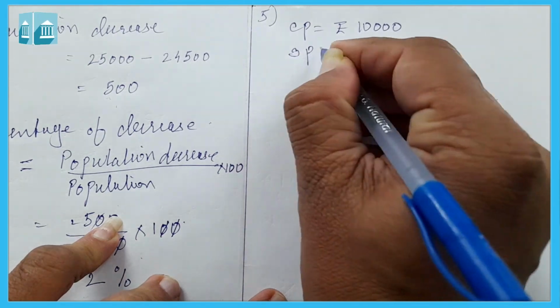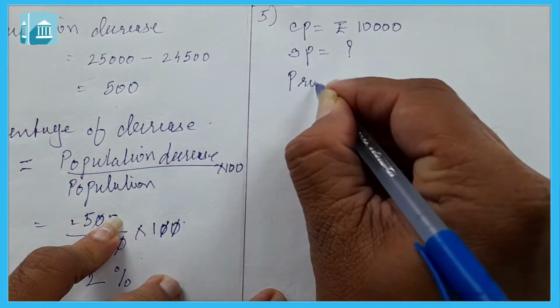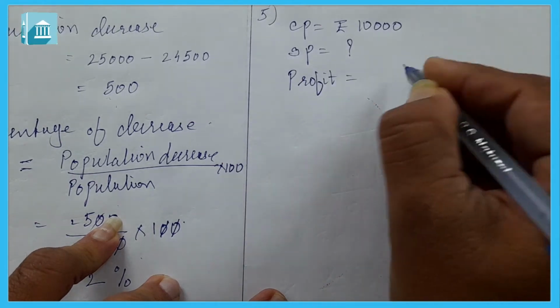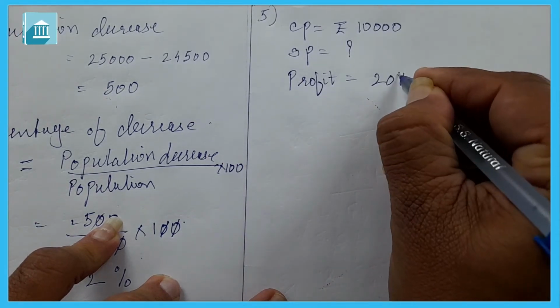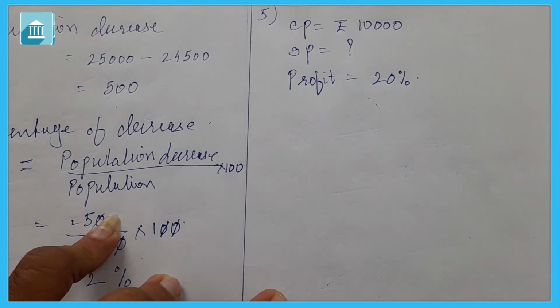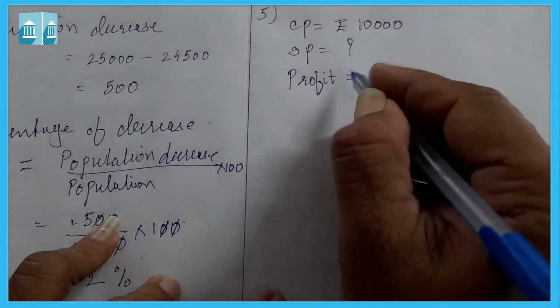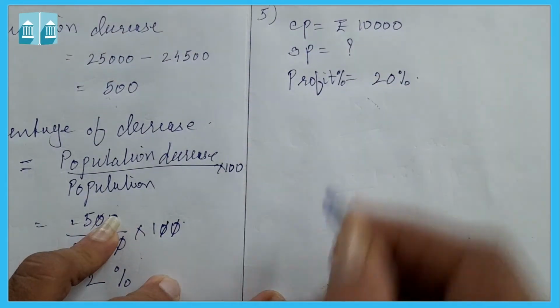SP is not given. Profit is given, 20%. Now this 20%, we always know that the profit we find is always on the CP.